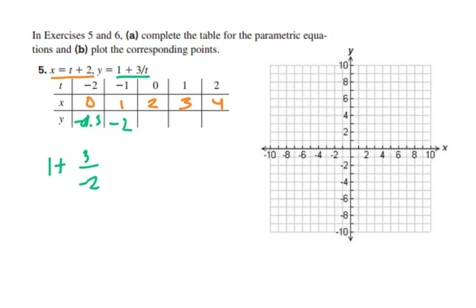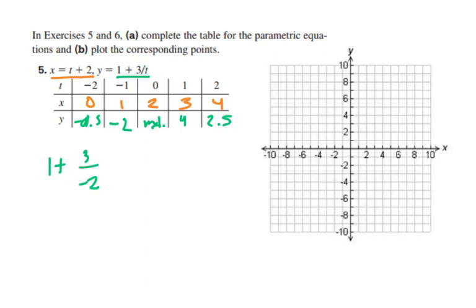If you put 0 in the denominator, you're going to get undefined, so there's probably like an asymptote there or something. And then we're going to have putting in the number 1, so 3 over 1, so that's 4. And then 3 over 2, so 1 plus 3 over 2 is 2.5.